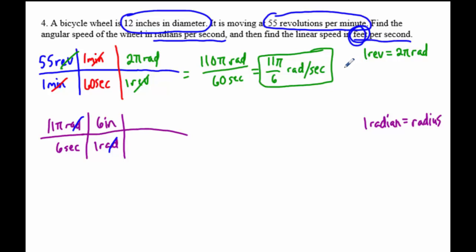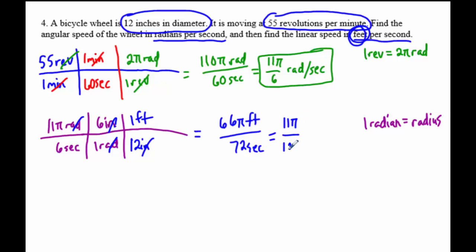So I put 12 inches on bottom and 1 foot on top, and then that gives me 66 pi feet over 72 seconds, which simplifies to be 11 pi over 12 feet per second.